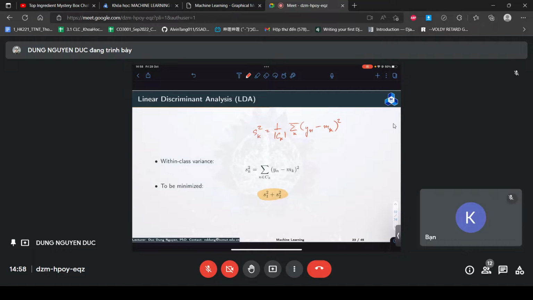If you have two classes and one class has more data than the other, then the variance of the class with a lot of data may be more important than the other class, and that is not bad. I'm just saying it may not be fair in the evaluation and in the projection. So think about it. What do you want?